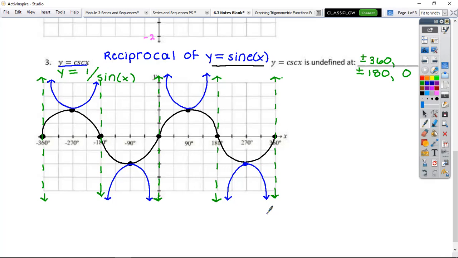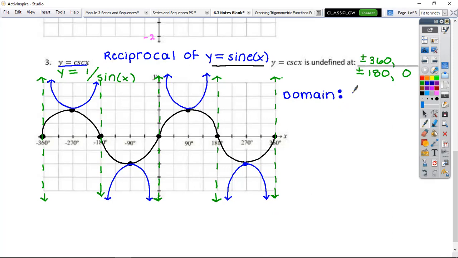So now what I need to list is the domain and range for cosecant. I'm going to do domain and range now. Now, unlike a sine curve, your cosecant function, does it have restriction to it? It does. It has many restrictions to it.